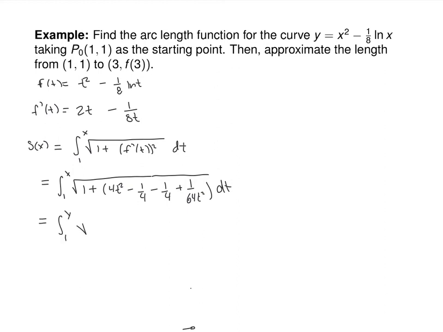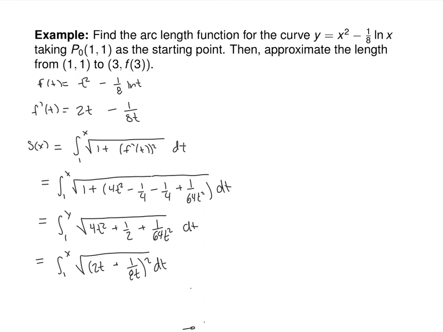Another one of those tricky factoring things: 4t squared plus 1/2 plus 1 over 64t squared. And that will factor into 2t plus 1 over 8t, the quantity squared.